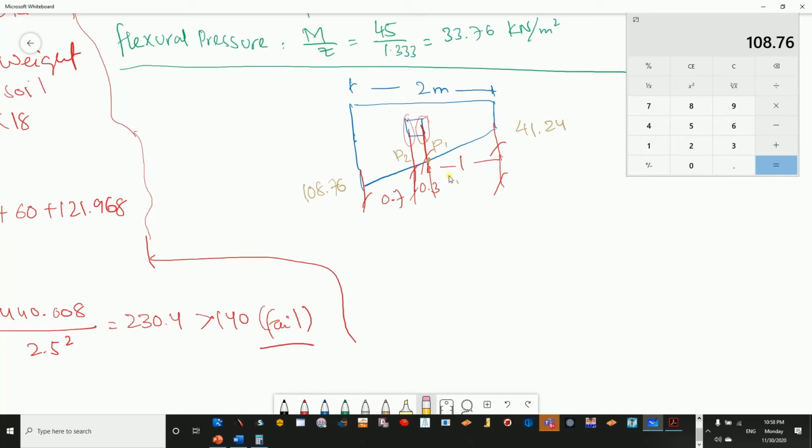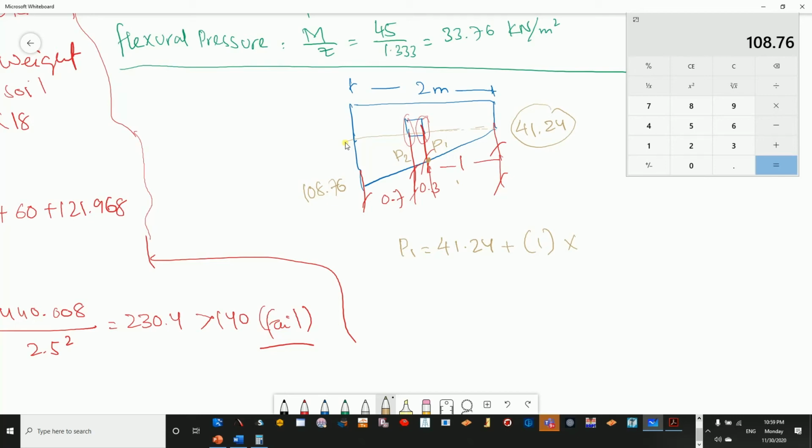If we calculate P1, P1 is going to be 41.24, which is the base, plus the distance of 1 meter multiplied by the difference here. You can see that we are gradually increasing from 41.24 to 108.76.